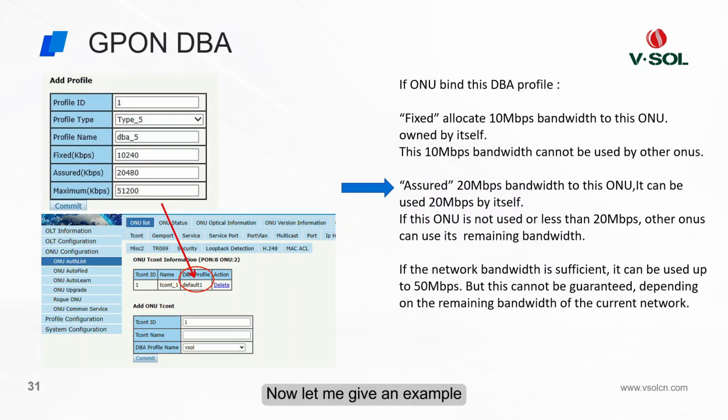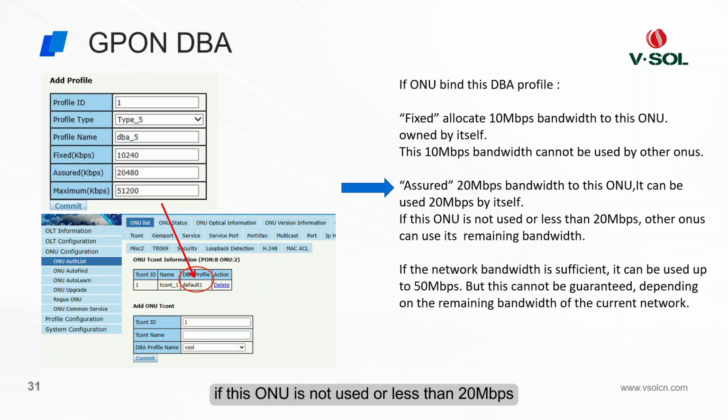Now, let me give an example. If the ONU binds this DBA profile, fixed bandwidth allocates 10 megabits per second bandwidth to this ONU, owned by itself. This 10 Mbps bandwidth cannot be used by other ONUs. Assured bandwidth is 20 Mbps for this ONU, and it can use 20 Mbps by itself.